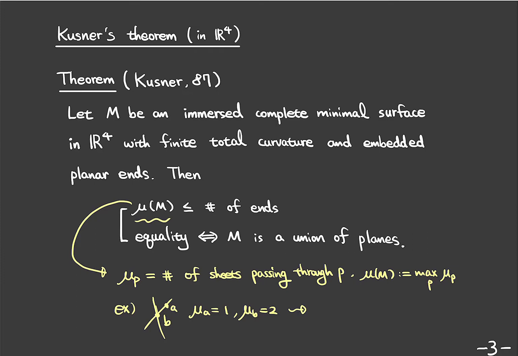So we see that mu of this shape is equal to 2. So it is the maximum multiplicity of a surface, and the theorem says that for an immersed minimal surface with embedded planar ends, it is less than or equal to the number of ends.